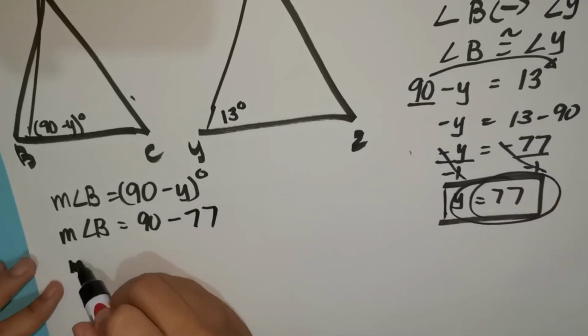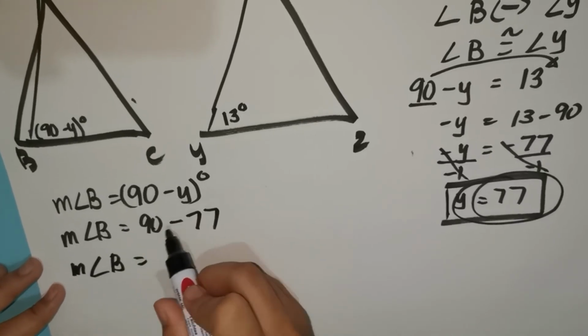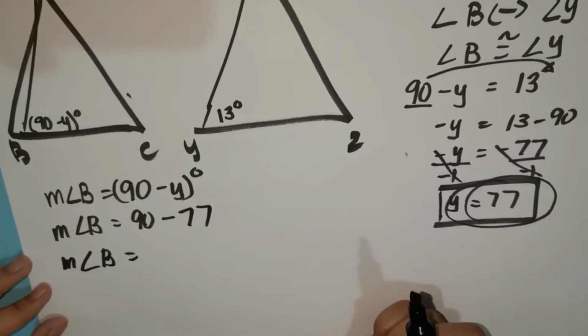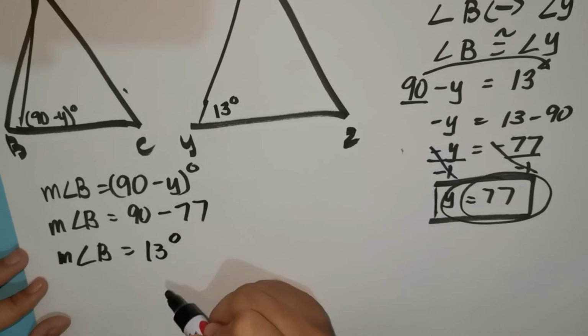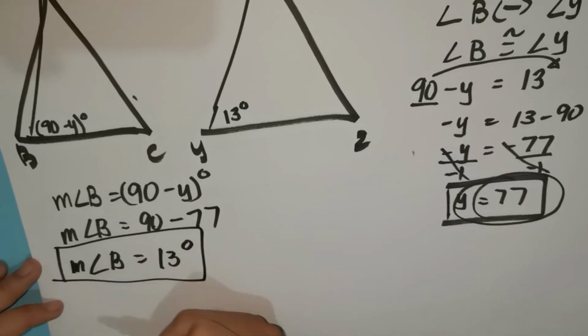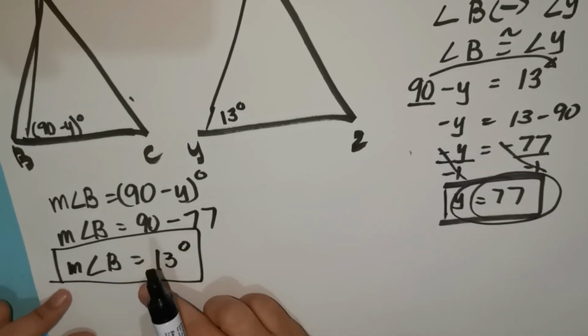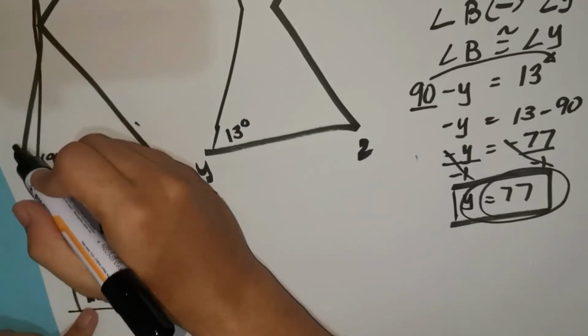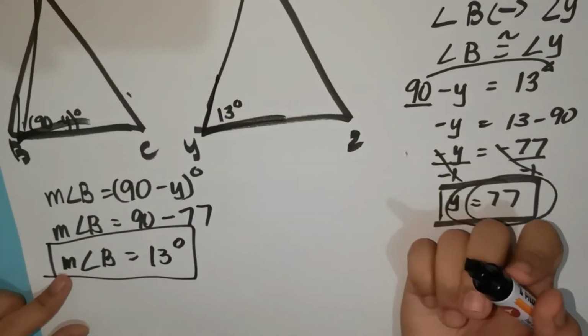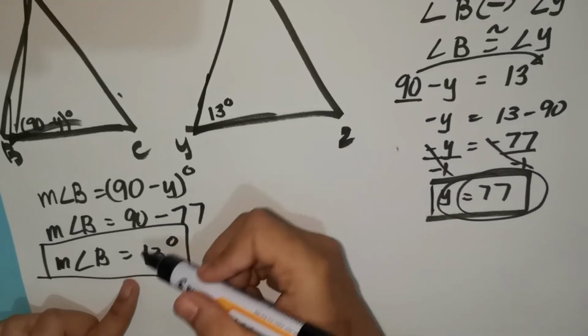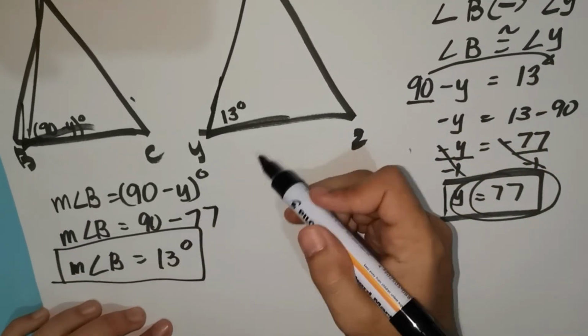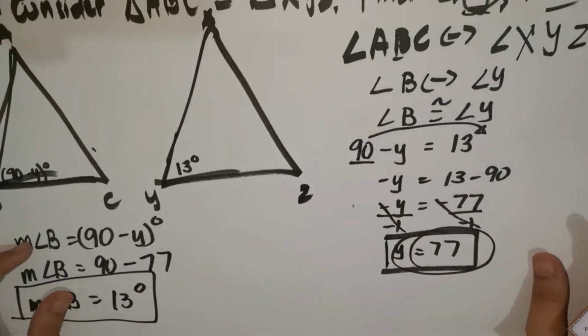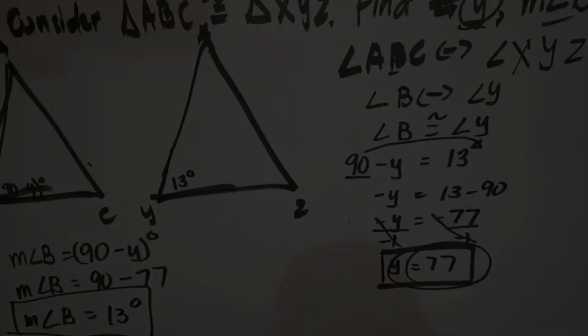Okay? So, the measurement of angle B is equal to 90 minus 77, that is 13 degrees. Okay? And this makes sense kasi angle B corresponds to angle Y. So, meaning they are corresponding and they are congruent. So, that's it.